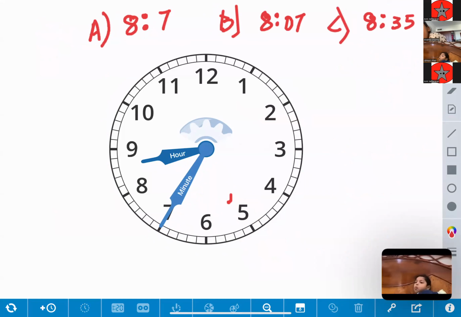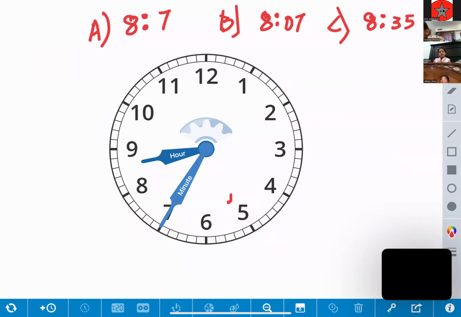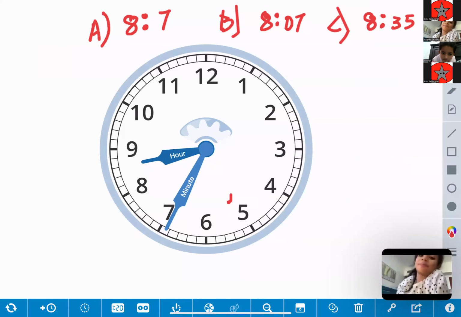What is the answer? Nadia, we cannot write 7 here because the minute hand is on 7 and we have to quickly convert it. 7 times 5, 35.